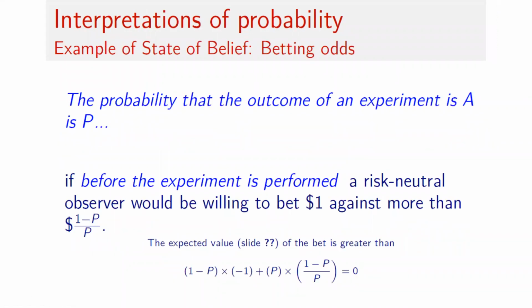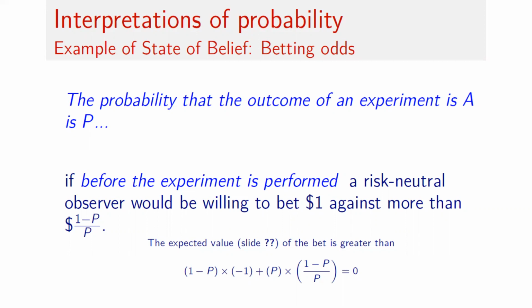An example of the state of belief interpretation is the choice of getting odds. So the statement that the probability that the result of an experiment is capital A is P means that, before conducting the experiment, a risk-neutral observer will be willing to bet, for example, $1 against getting more than (1 minus capital P) over P dollars.